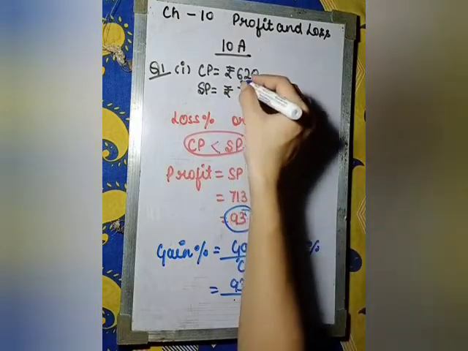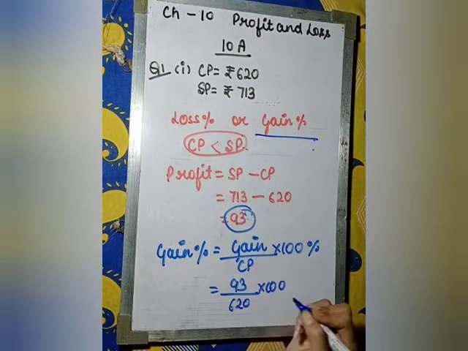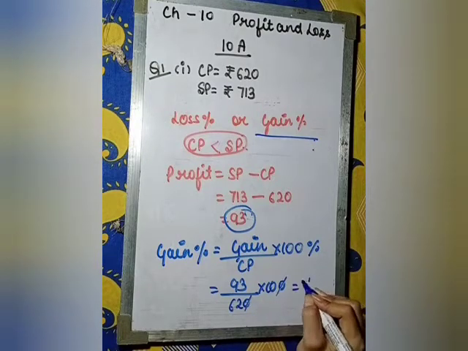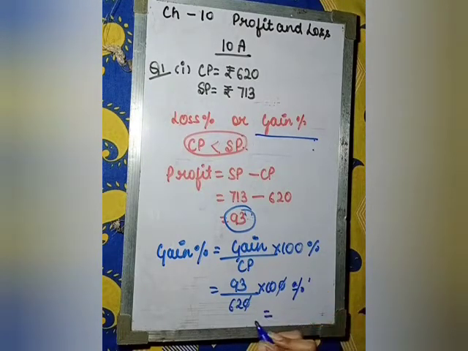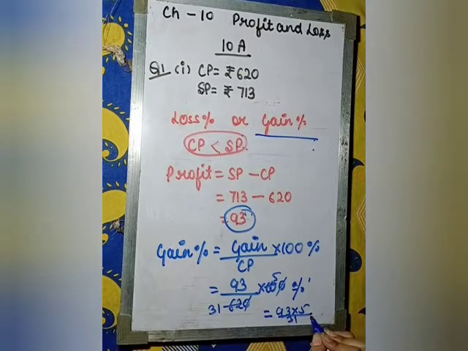CP कितना है? It is 620 into 100. Now when you solve it, you will get 93 into 5 upon 31. Solve it further and you will find the percent.